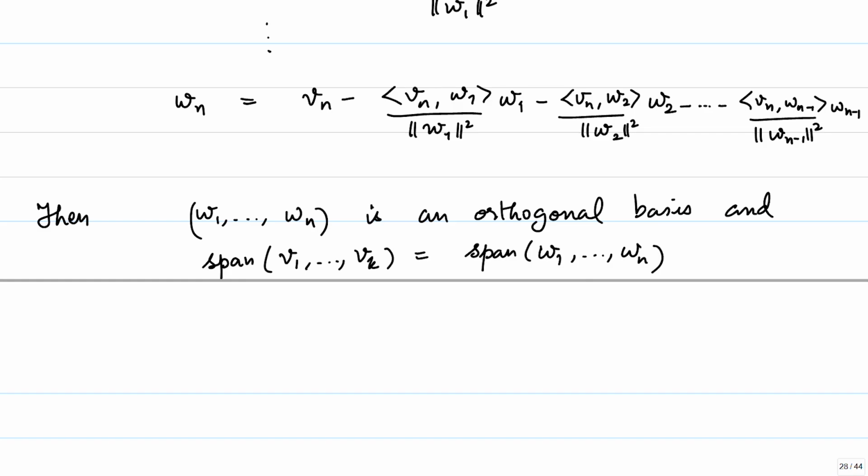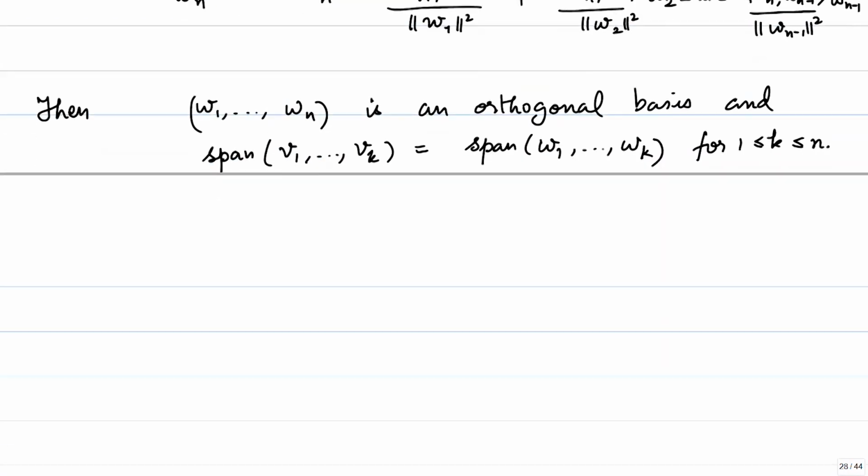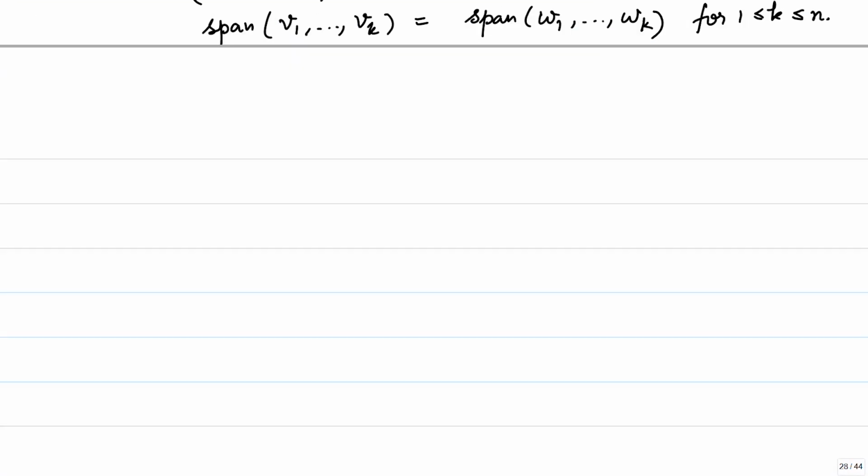It's not just an orthogonal basis. At every stage, the span of V1 to Vk is the same as the span of W1 to Wk for 1 less than or equal to k less than or equal to n. So this is what we were aiming for, isn't it? We were trying to get hold of a basis which was orthogonal. So let's give a proof of this.